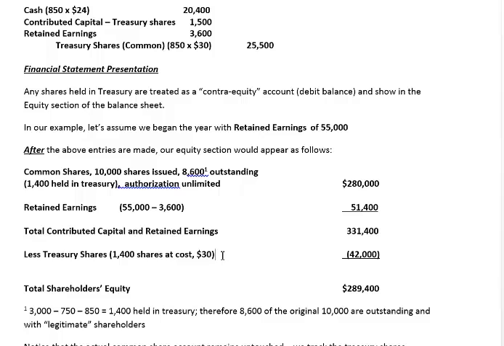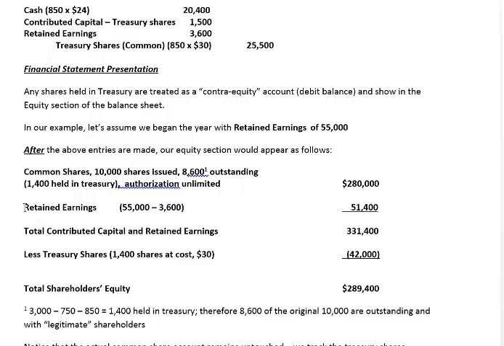To show a debit balance, we have to bracket it, okay, and we have to deduct it, because it's a subset or a part of those common shares that we're holding, right, that haven't been reissued. So we deduct it, okay.